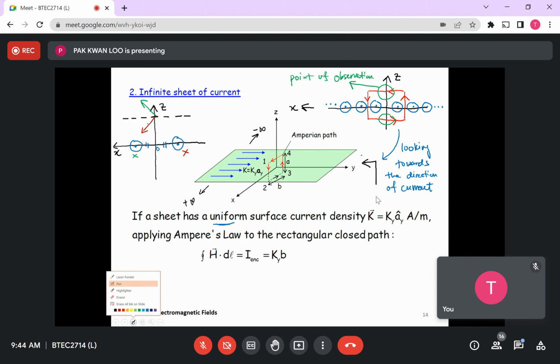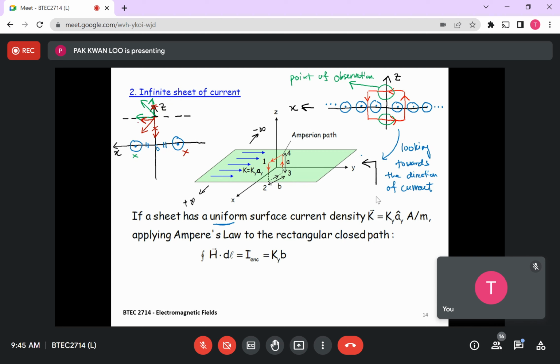So we already know we can decompose this vector here. So if I decompose this, the vertical component after the vector decomposition, we see that this component and this component in here are cancelled off.